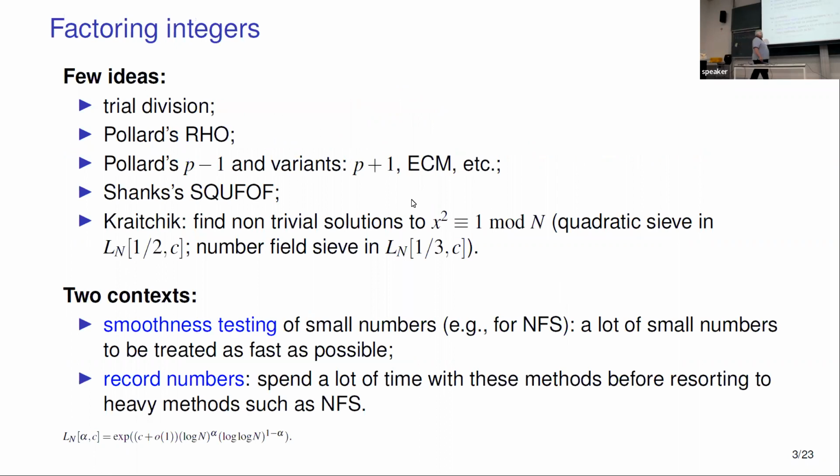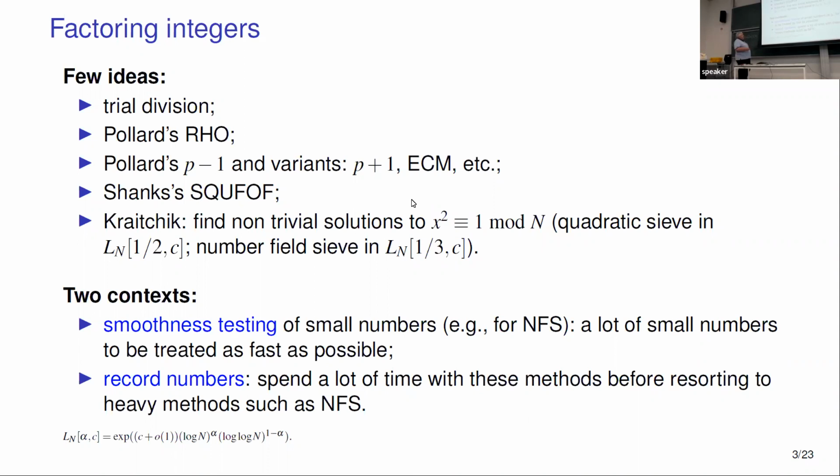Okay, so in the pre-quantum era, there are some algorithms that factor integers, by definition. So I list all of them. There are not so many. Okay, that's life. This is a very crude description, just for historical context.